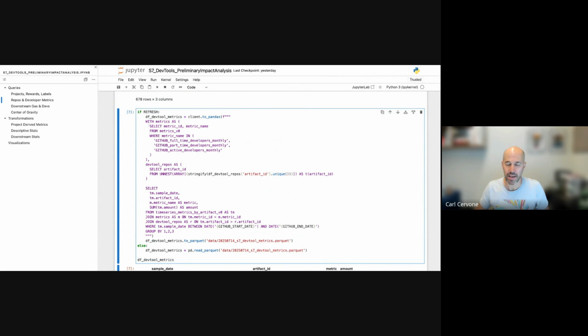We are getting artifacts that were already introduced through OSS Directory, but are now being referenced again as part of an OP Atlas project. What I've observed is that the project metrics that use those artifacts start at the time they've been added to OP Atlas. They don't go all the way back in time, even though if you look up the time series metric by artifact, you get everything from the start of time.